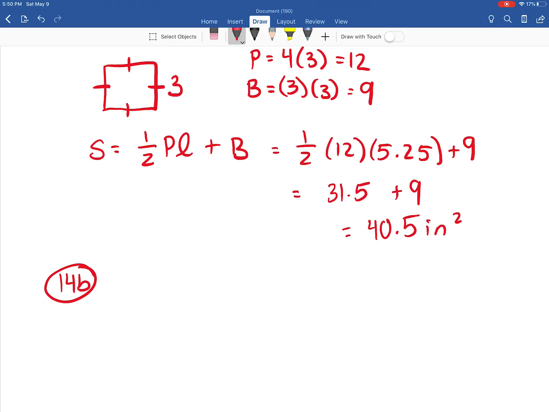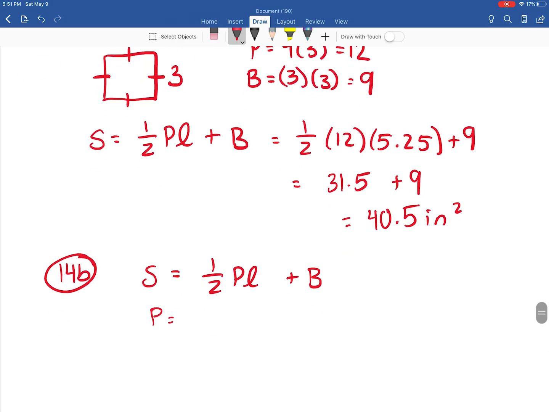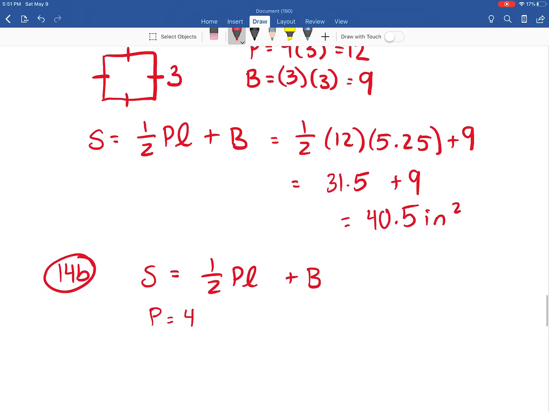14b. How many times as great is the surface area if the dimensions are doubled? So let's do something similar like we did in number 11. So I'm doubling these dimensions. And you can even actually double them if you want to. You can say the perimeter, well, if each side was 3, now each side will be double, or 6.